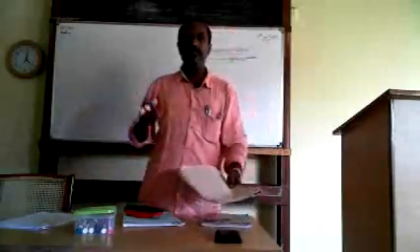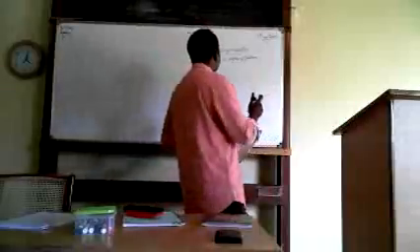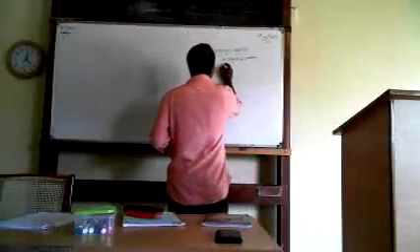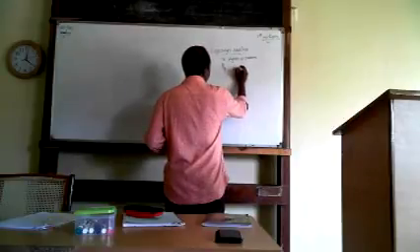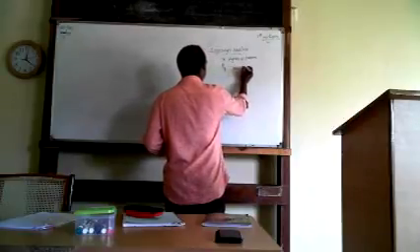Let the system be described by the generalized coordinates qj. When you write qj, you should write j goes from 1 to n.